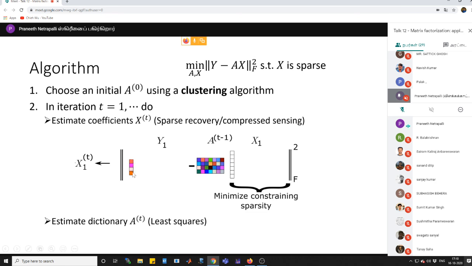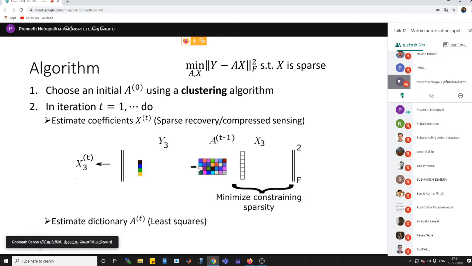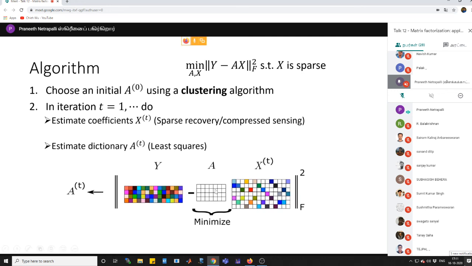For the first column, you have this y1, and you have A_{t-1}, and you want to find an x1 which is sparse and minimizes this error, right? Then you do this for all the different samples. So these are all compressed sensing problems. And once you have these coefficient matrices, you update the dictionary matrix, and this is again just a least squares problem over this matrix A, right? So both of these can be done efficiently.